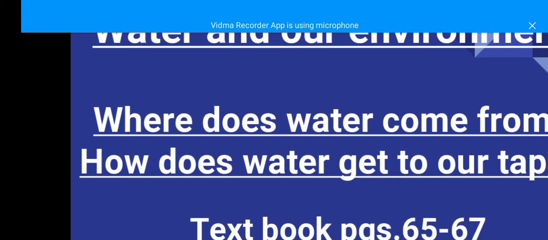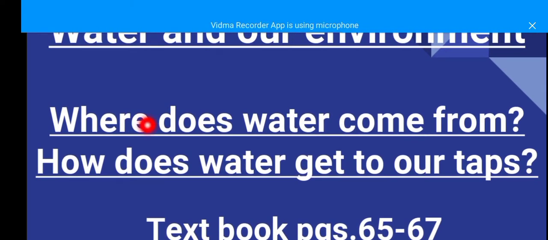Here you can see on your screen that the first one is where does water come from, meaning the water which we are using in our daily lives, how we are getting it. And the second one is how does water get to our taps, that is, how we are getting the water through our taps.